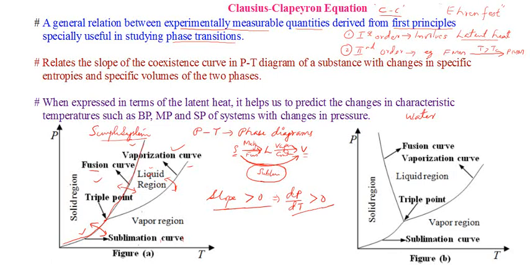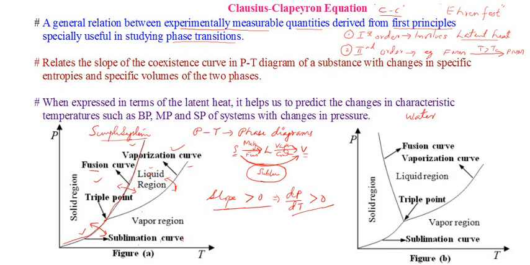So if there is a dP, the corresponding dT can be negative. That is due to the anomalous behavior of water. So that is a notable difference. I just wanted to tell you about the difference between the water phase diagram and the simple system phase diagram. It is helpful to always remember that even though the phase diagrams look similar, there is some difference in the case of water due to its anomalous behavior.